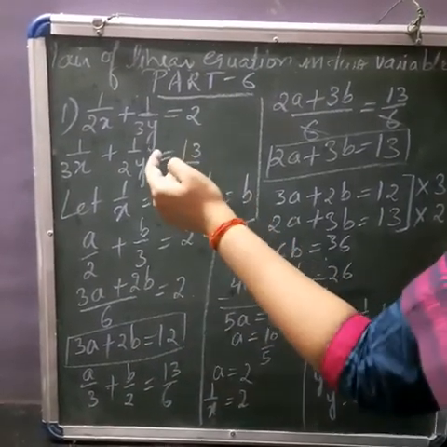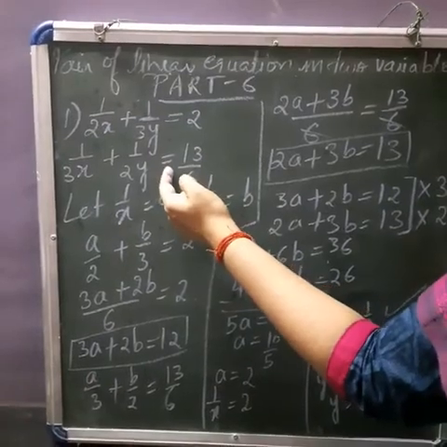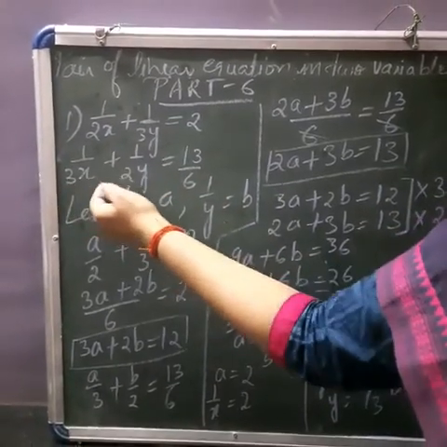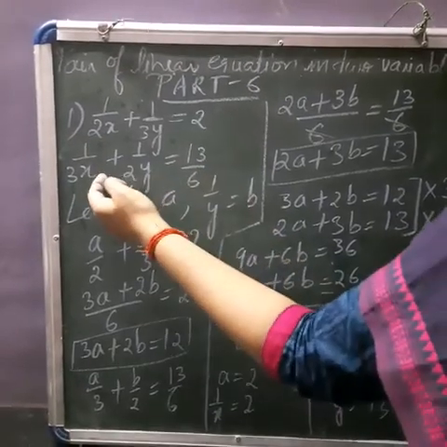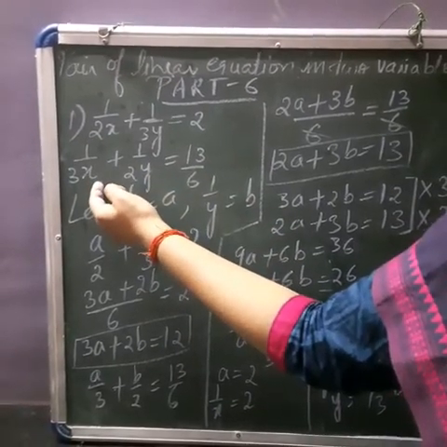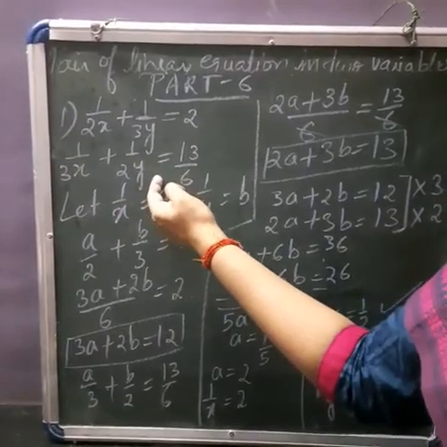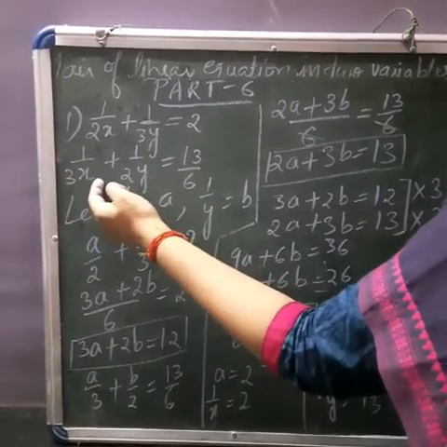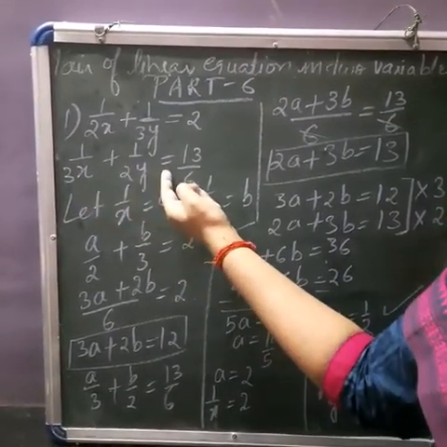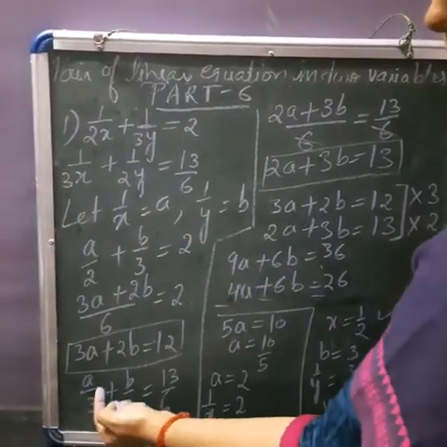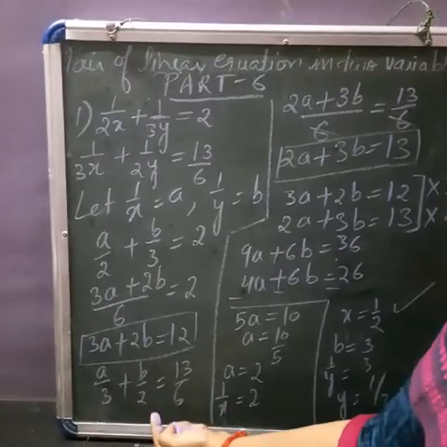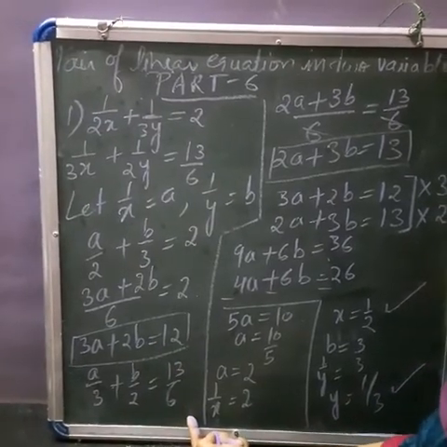Now equation number 2 is given: 1 upon 3x plus 1 upon 2y is equal to 13 upon 6. Here we have taken 1 upon x is equal to a and 1 upon y is equal to b. You will put the values of 1 upon x and 1 upon y in equation number 2 and reform it. So it will be a upon 3 plus b upon 2 is equal to 13 upon 6.